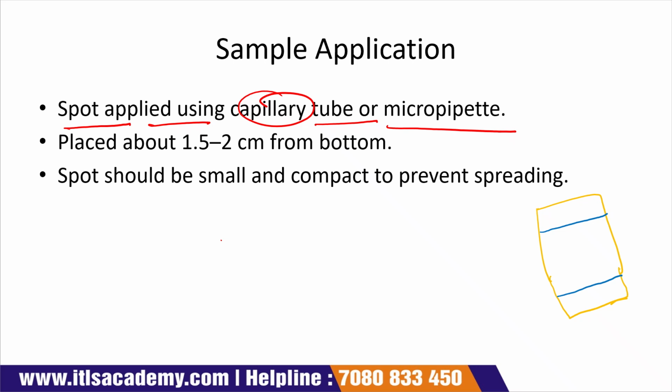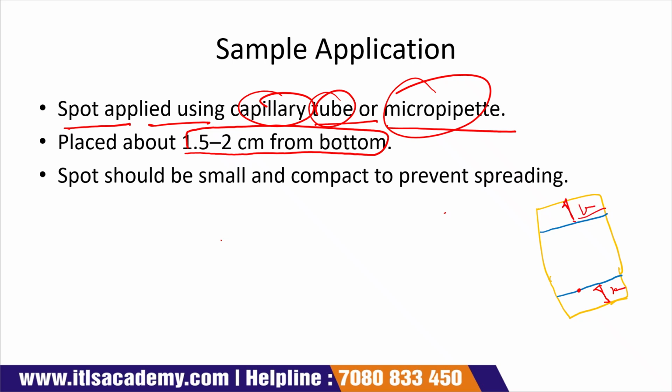Then we take a capillary tube or micropipette and make a spot here, a spot of this sample. It should be placed about 1.5 to 2 centimeter from the bottom, that I already told you.